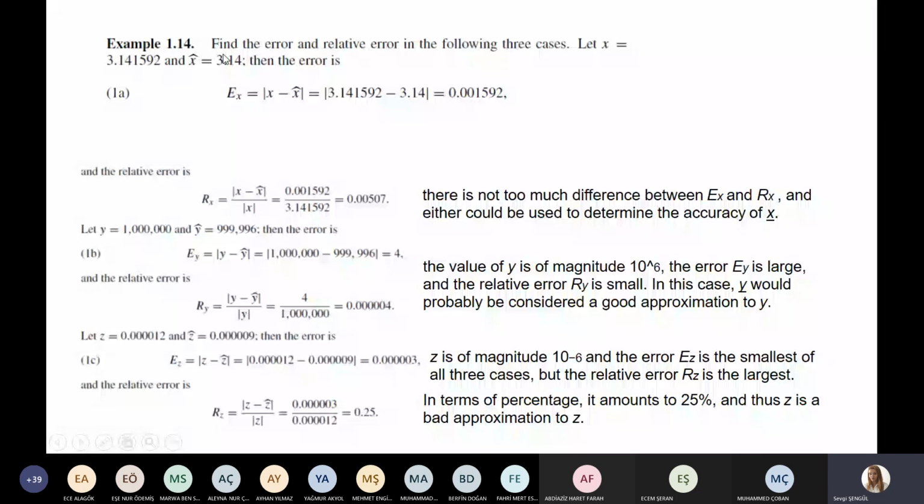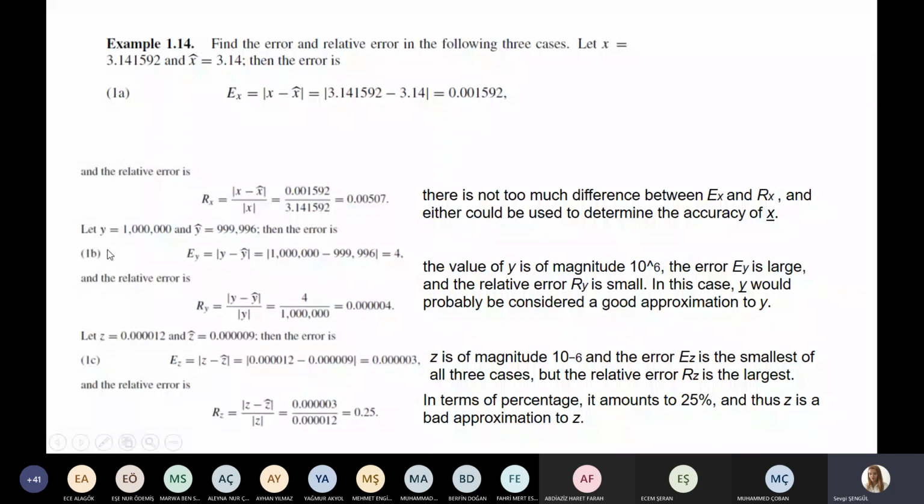For the relative error, you are finding the percent of the error in a way, so it's much more trustworthy than the absolute error. We divide this absolute error by the real value, and we get 0.05, again to 3 decimal places. And these are not so different from each other, so you can trust either of them.